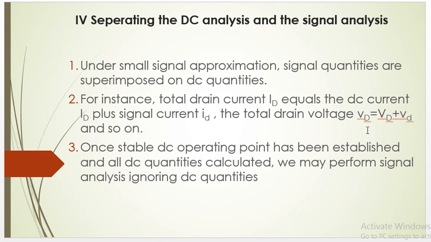The total drain voltage corresponds to VD plus vd. Once a stable DC operating point has been established and all DC quantities calculated, we may perform signal analysis ignoring the DC quantities.